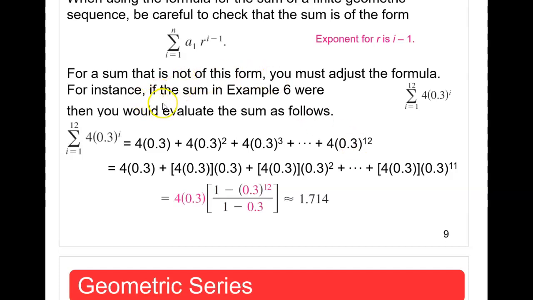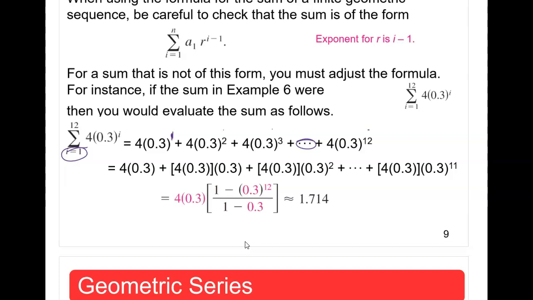For instance, if the sum in example 6 were here with i instead of i minus 1, then you would evaluate the sum as follows. And that would be here, starting with the exponent 1 for the first i, and then the 2, the 3, and so on, all the way until you get to 12.